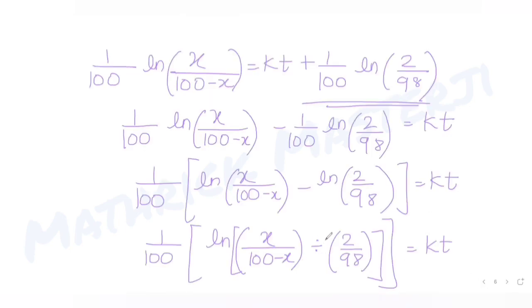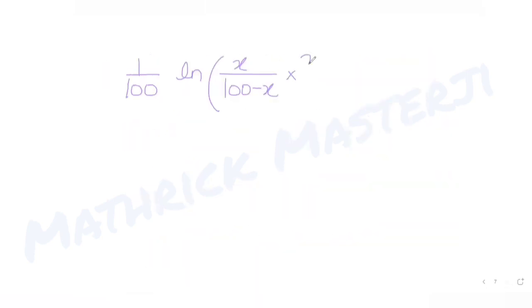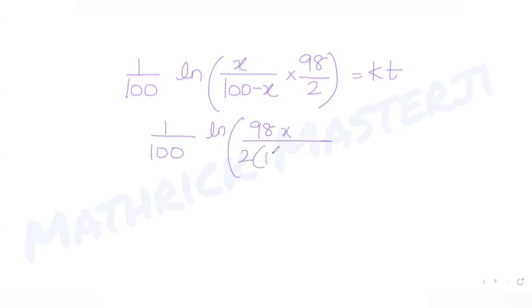Further, if I try to solve this 1 over 100 log of division, I can just multiply and take the reciprocal of the second part. So that gives us log of x over 100 minus x multiplied with 98 over 2, which is equal to kt. From here, I get 1 over 100, and 98 over 2 I'm keeping as it is. So log of 98x over 2 times 100 minus x is equal to k into t.